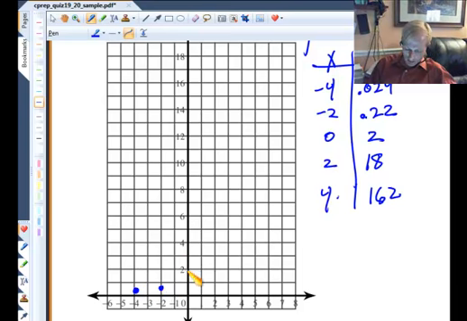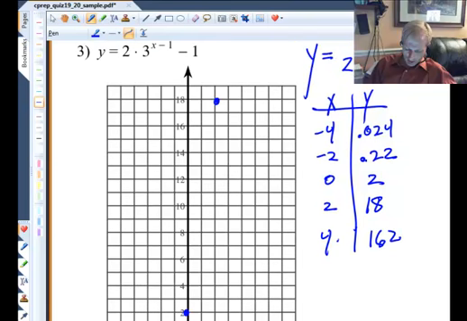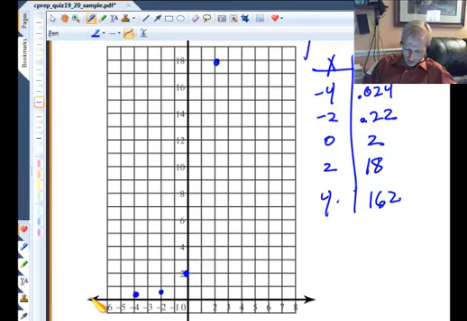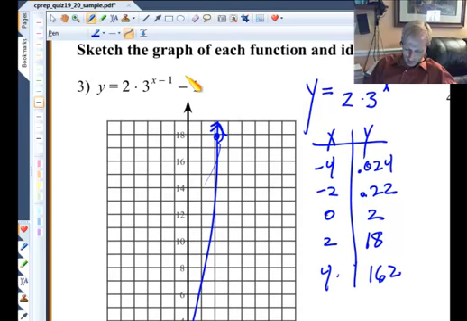So I go to each point and I go 1 to the right and 1 down. And I connect the dots with a big bow shape. And I get something that looks like that. So that's the shifted function.